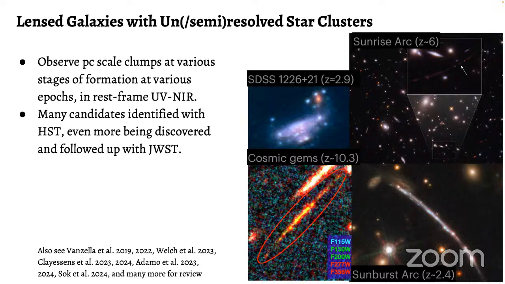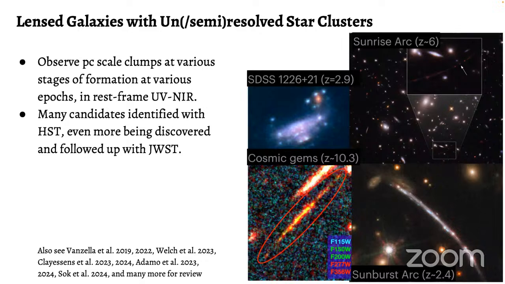The angular resolution that JWST is capable of, combined with the fact that lensing tends to magnify these arcs, allows us to study spatially resolved objects at extremely high redshift. The thing we didn't expect was that there would be objects that have these small clumps that almost look like globular clusters. And so this was originally an object called the Sparkler, which we found at a redshift of about 1.5.